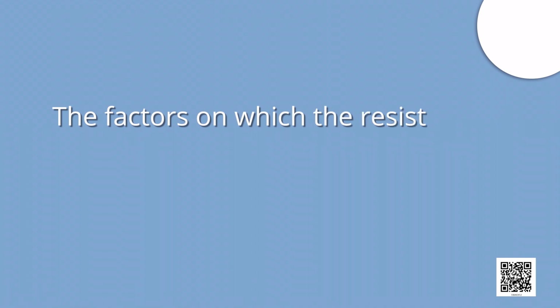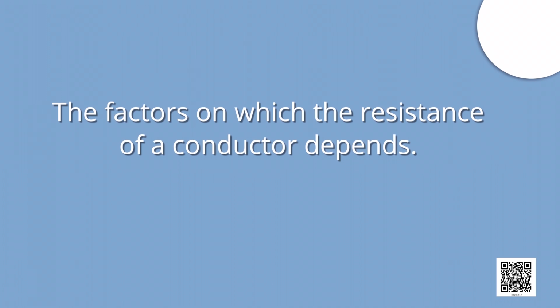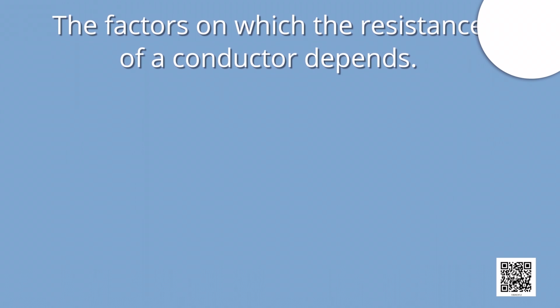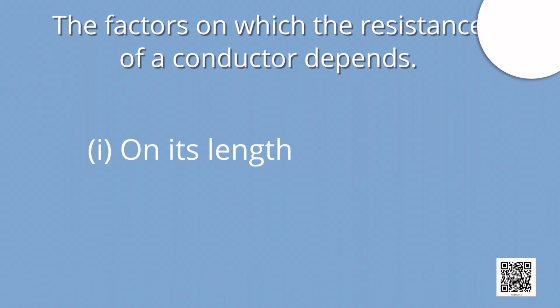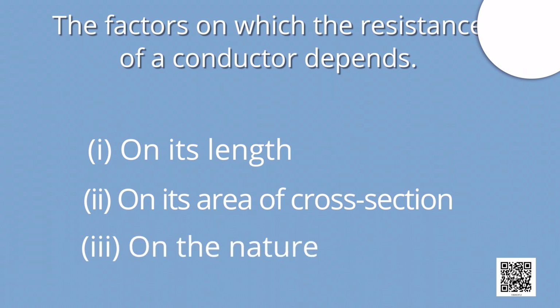Children, let us now discuss the factors on which resistance of a conductor depends. On applying Ohm's law, we observe that the resistance of a conductor depends on its length, on its area of cross section, and on the nature of its material.